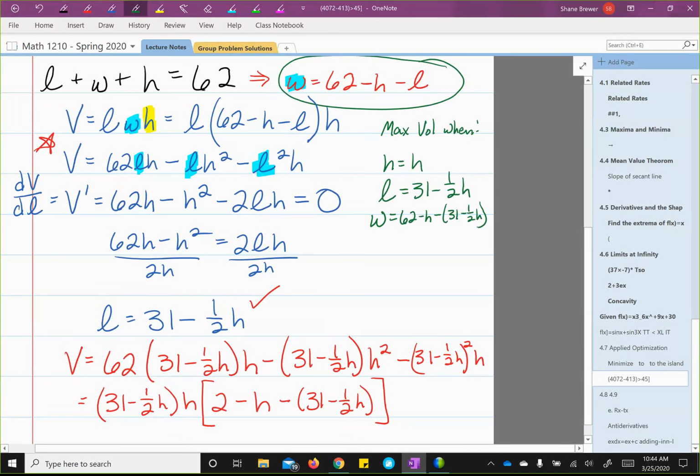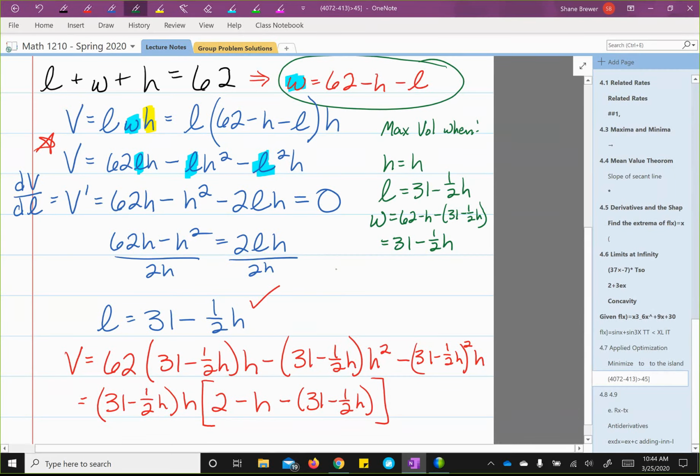If we look at that, 62 minus h becomes a 31, because 62 minus 31, and then minus h plus half h is minus 1/2 h. So there, this is much nicer when the width is this. So we get maximum volume when these are the three values.